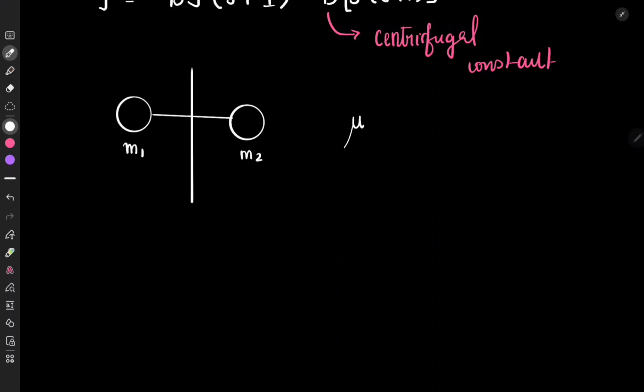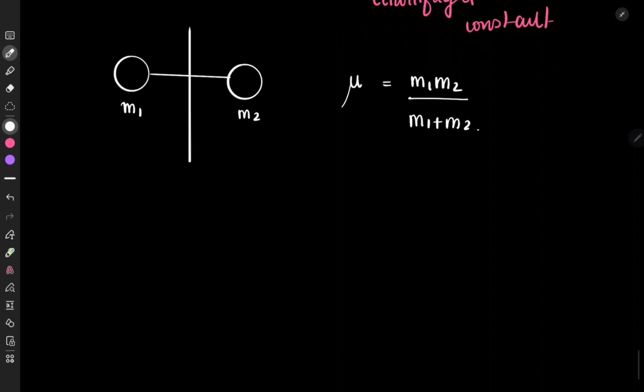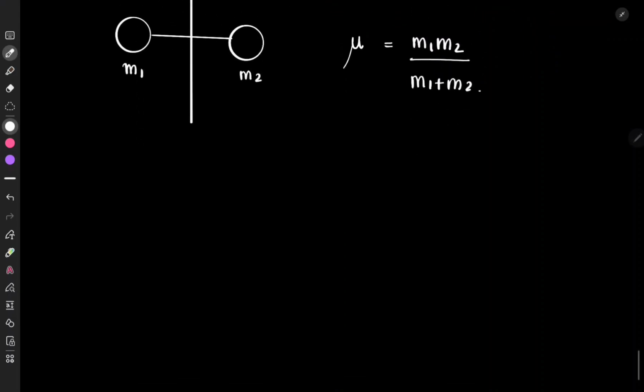So we can write nu equal to m1 m2 divided by m1 plus m2, and the centrifugal force for this setup is nu v square by r. Omega is equal to v by r, so we can write it as nu omega square r.